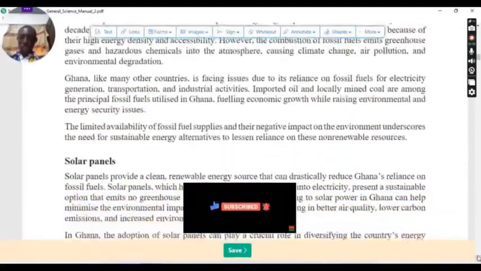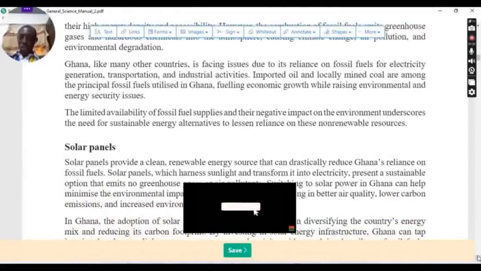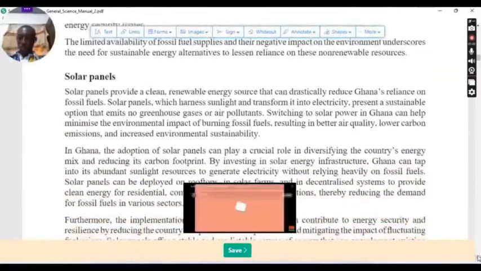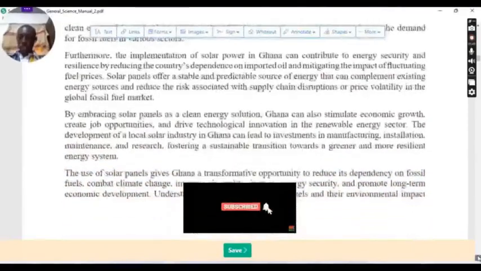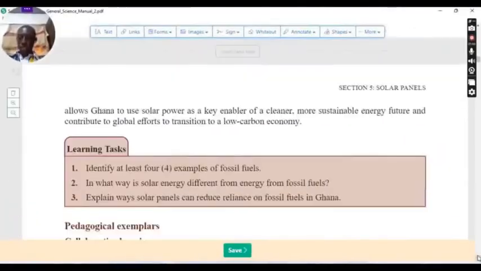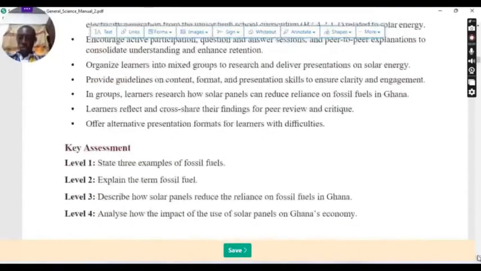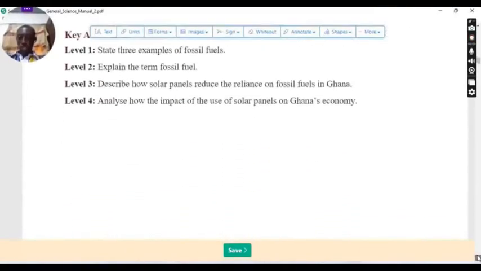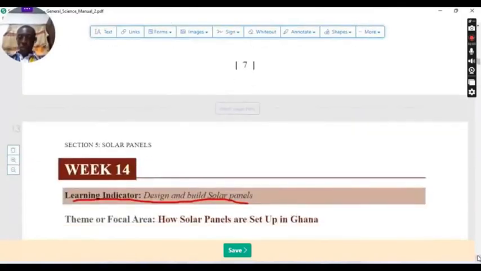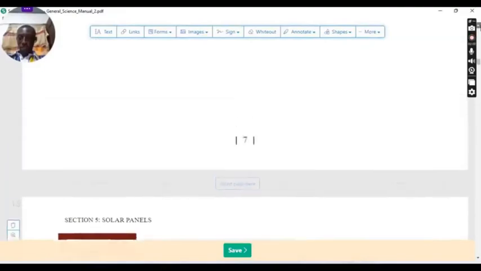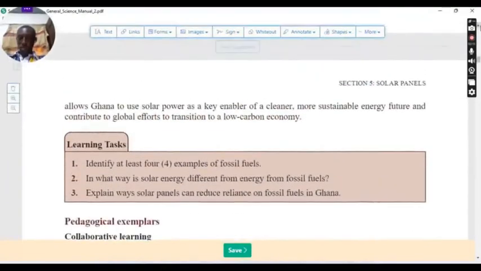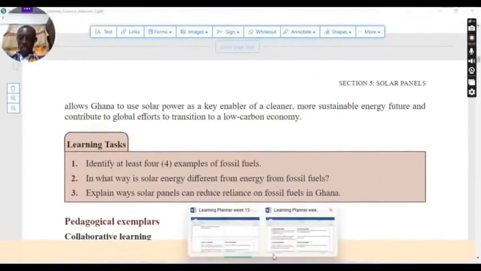And when we read inside, it talks about advantages of solar panels over fossil fuels and the disadvantages of fossil fuels. So I read it and decided to split it into 2 lessons. Lesson 1 talks about the advantages of solar panels and disadvantages of fossil fuel, then lesson 2 talks about how solar panels convert sunlight into electricity.